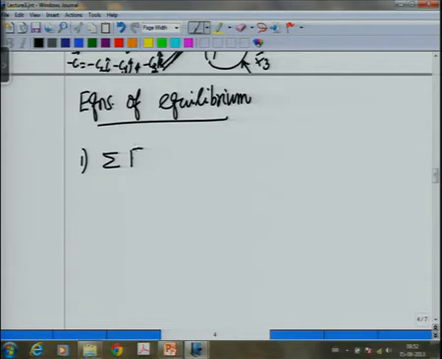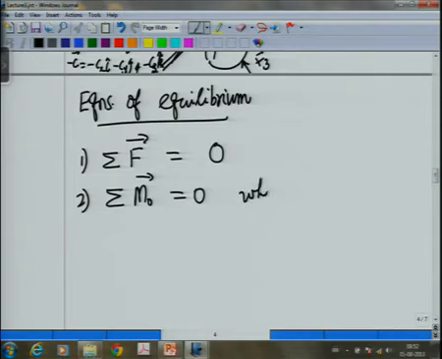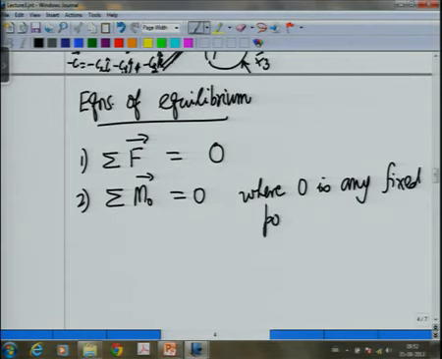the first vector equation is sum of all the forces is equal to 0, and sum of moments about a point O, where O is any fixed point in space, is equal to 0. Okay.